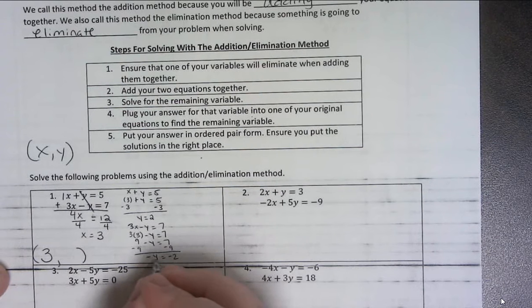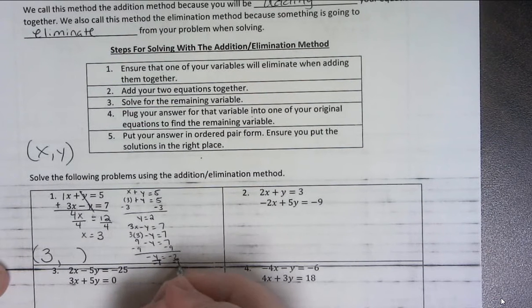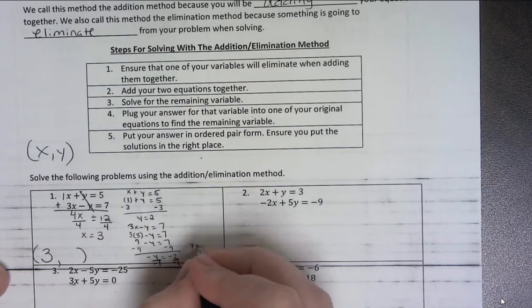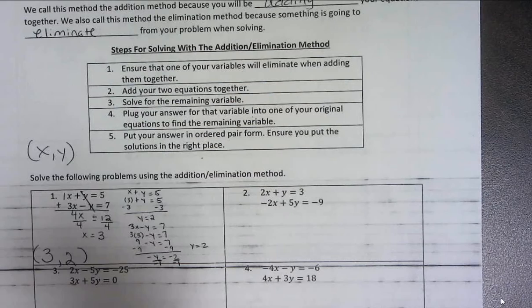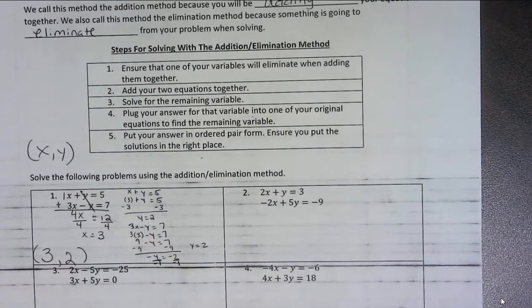And then to get that y to be a positive, you would divide it by a negative 1, which would give you y equals 2. So it doesn't matter which equation you plug that into, you should still get the same answer. So that's a kind of a good way of checking yourself. So for the remainder of this video, I'm only going to plug it into one of the equations.